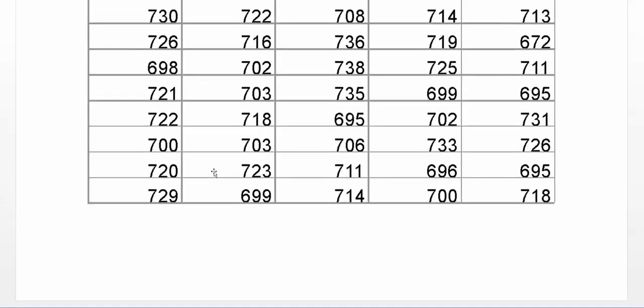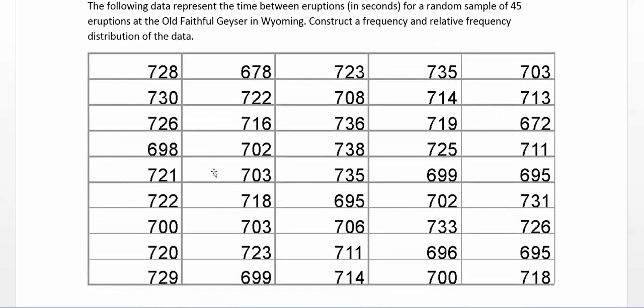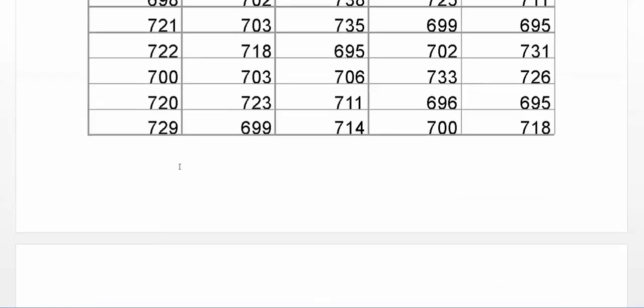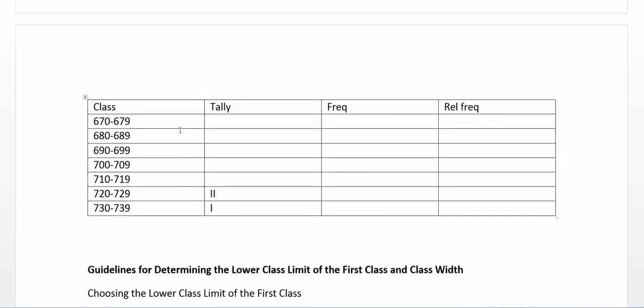So you can kind of see this takes a little while if you're doing it electronically, but by hand it's not that bad. 726, we get another tally right there. Okay, so I'm going to speed this up and let you go through the data and look for all the different numbers and which category it fits in, and then we'll go back to our chart here.